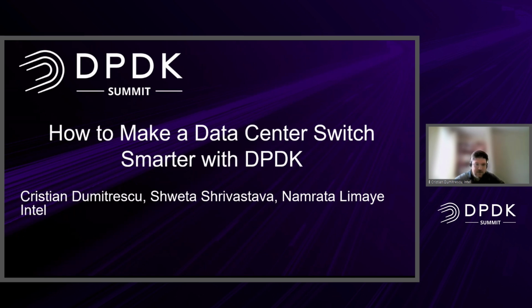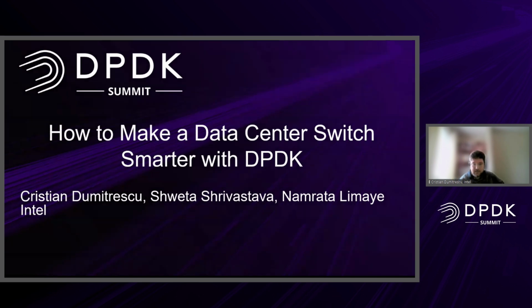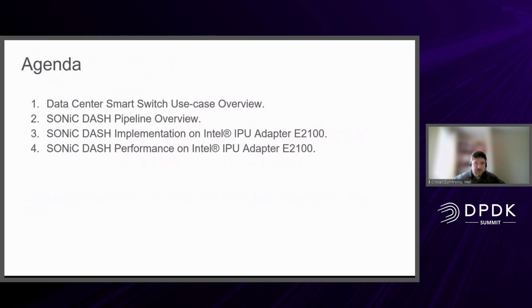So today we want to talk a bit about the smart switch use case. Essentially, how to use DPDK to make a data center switch a bit smarter. We'll give you an overview of this use case called data center smart switch, and we'll take a quick look at the pipeline, the data plane pipeline for this use case.